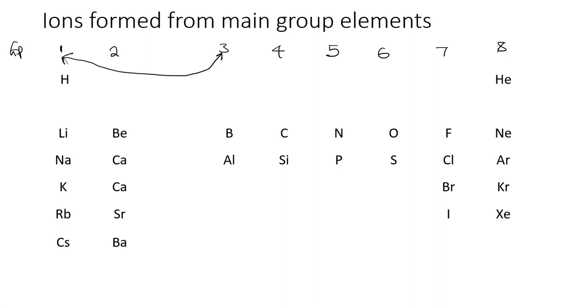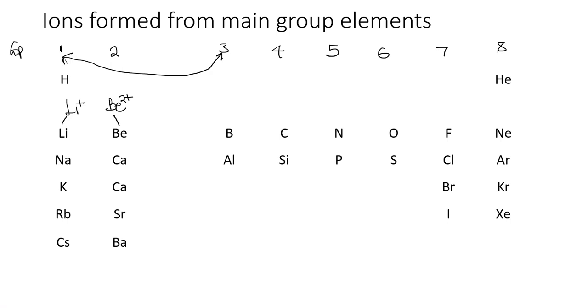So if it forms an ion, the ion will be Li+, because lithium is in group 1. Beryllium is in group 2. If it forms an ion, the ion will be Be2+, which means it can lose 2 electrons. That's what it means.